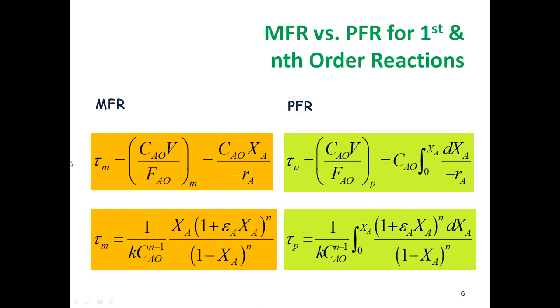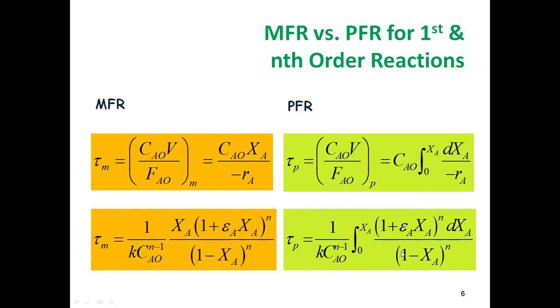The formula is more specific here. No need for integration for this formula. Now for the PFR, you could see it in here. Now this one needs integration already. And just like what you have here for the mixed flow, you also have the presence of the epsilon A. And generally, you have the order of the reaction presented as N.